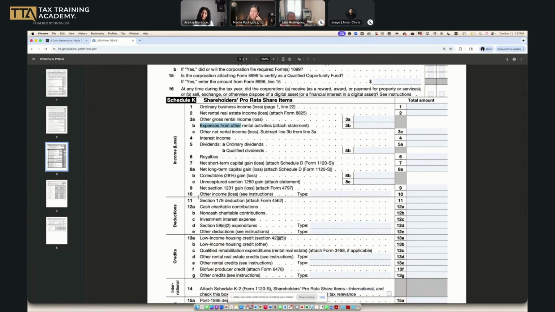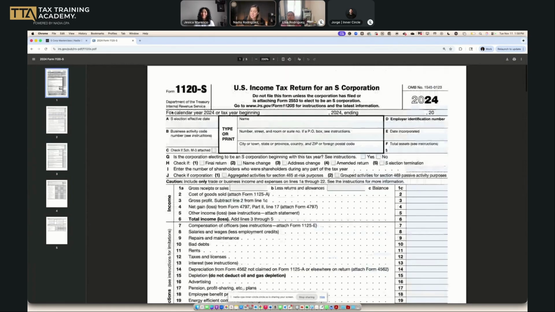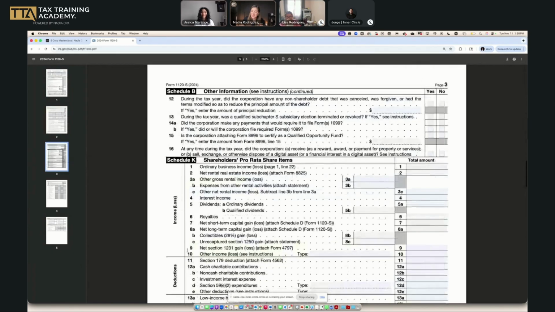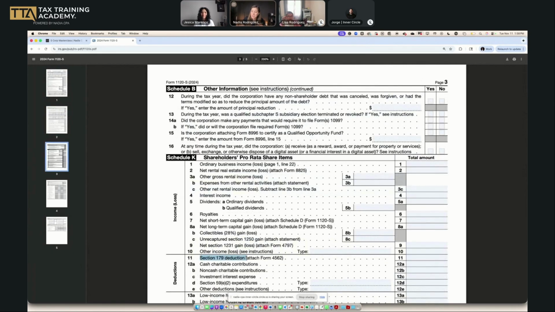Another one that throws a lot of practitioners through a loop is the Section 179 deduction. Last year bonus depreciation was limited to 60%, so the next best option is to take Section 179. It's a 100% write-off. But on the S corporation you don't see it here as a depreciation expense, because it's a separately stated item, and a lot of preparers were confused.